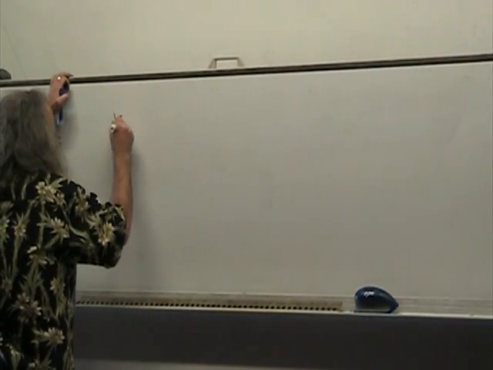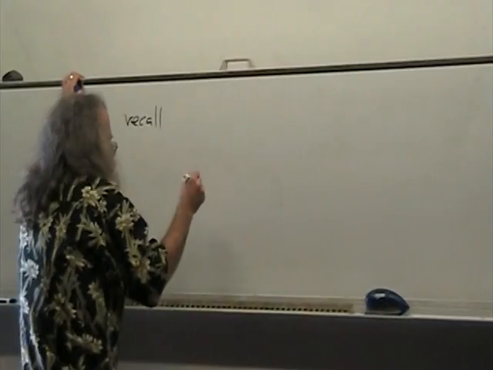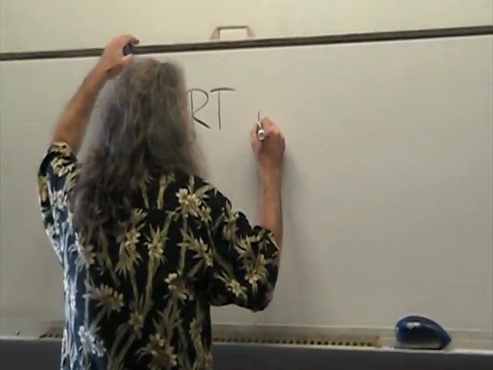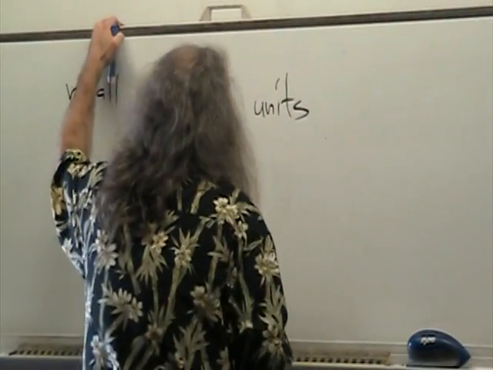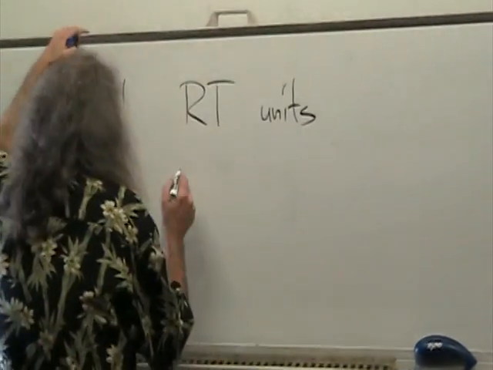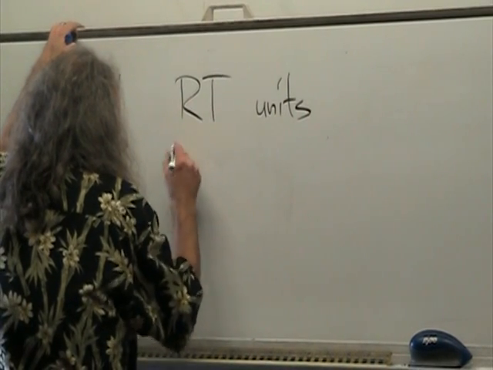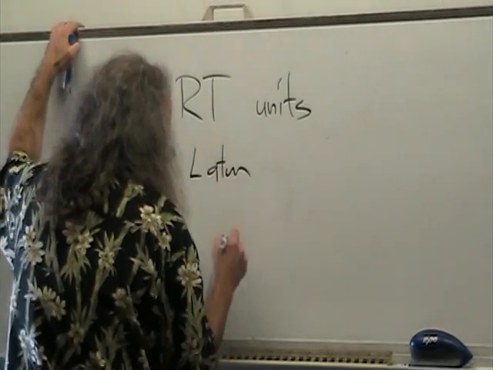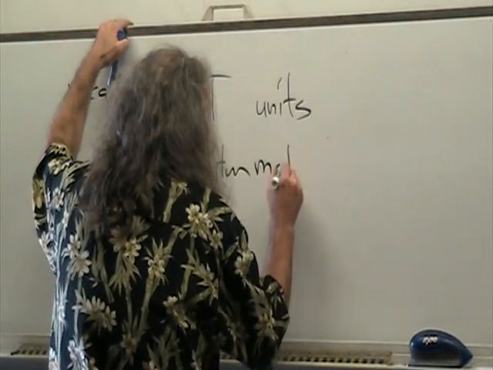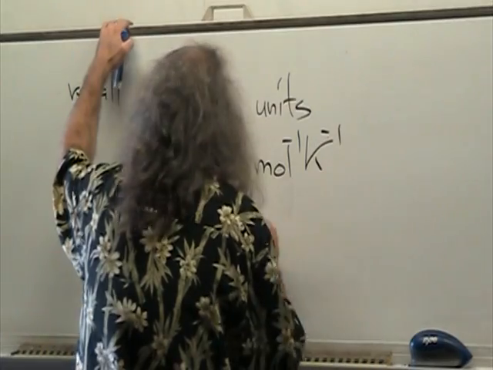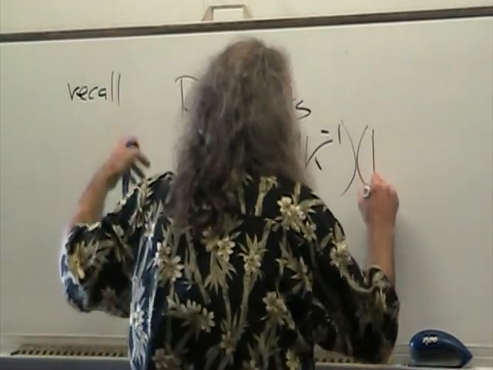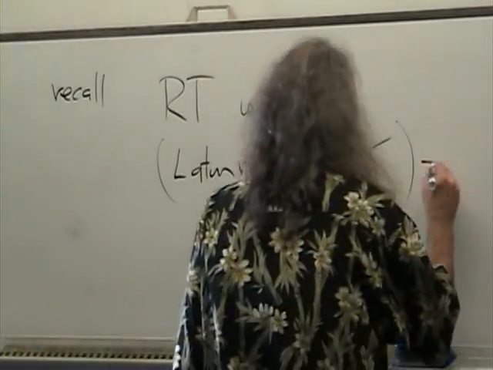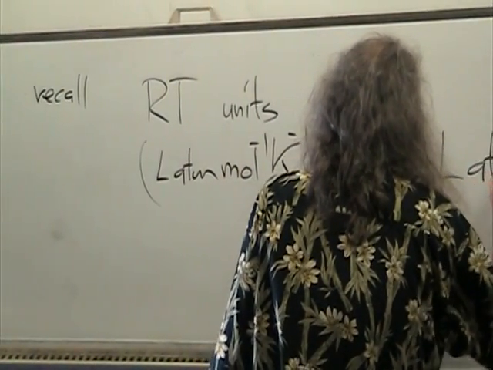Recall that RT has units, and it is equal to, let's just write it out, liter atmospheres per mole K times K. And so that's equal to liter atmospheres per mole.